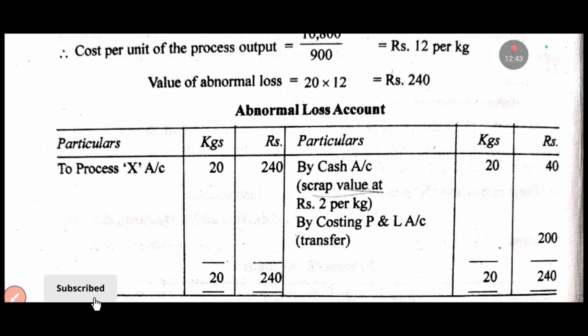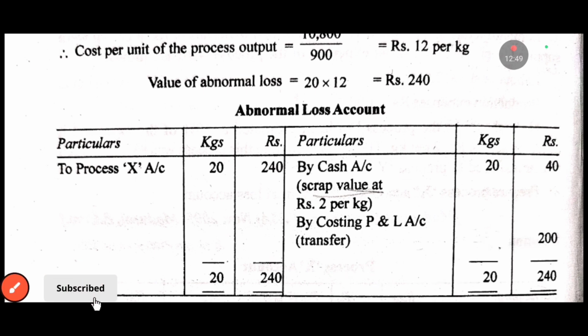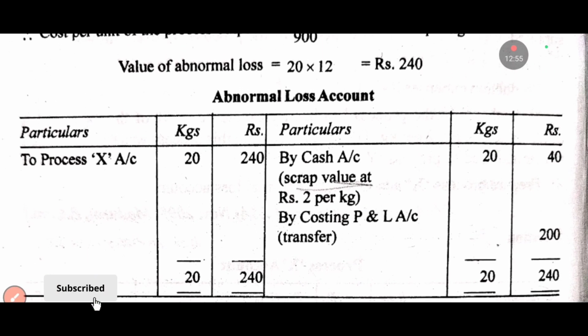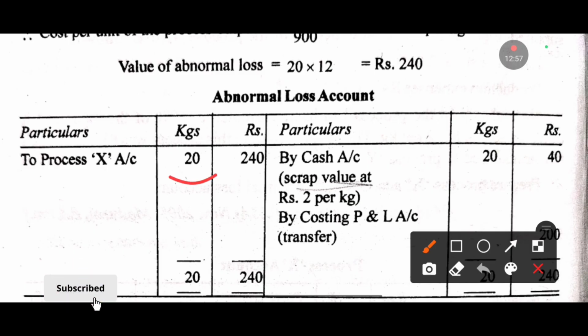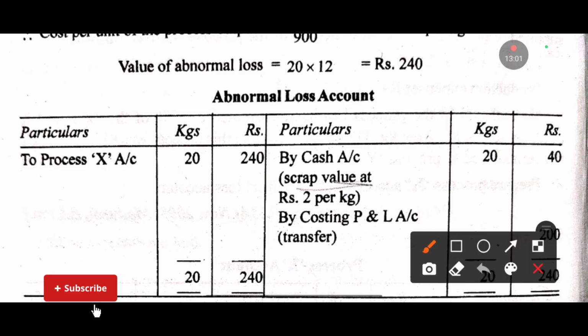The total of the abnormal loss account is 20 kilos and 240 rupees. Enter the total on both sides, debtor and creditor side. We need to tally this value, 20 kilos and 240 rupees.